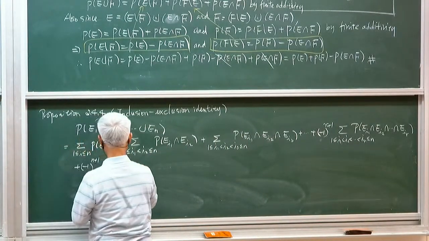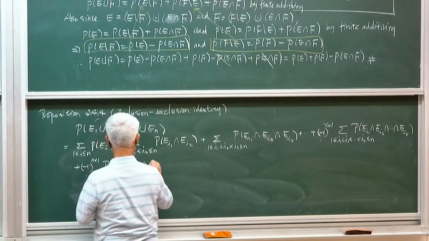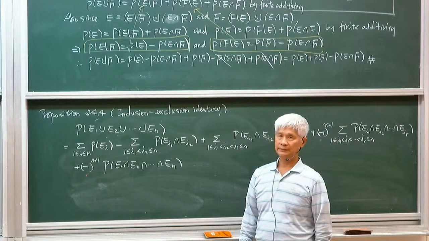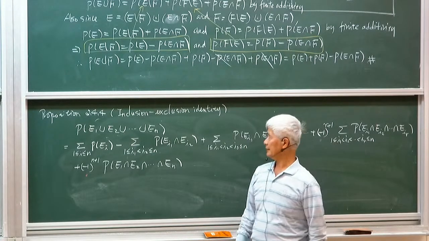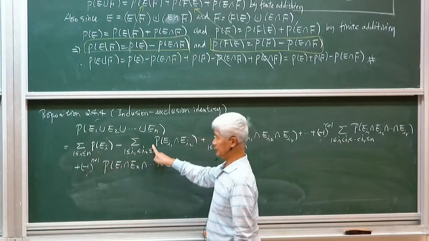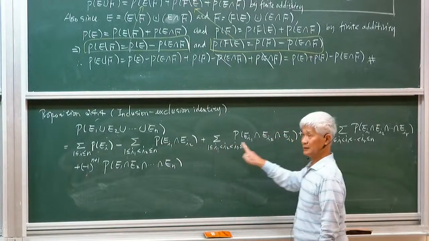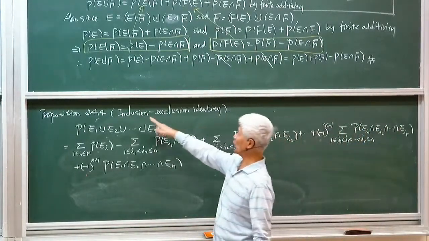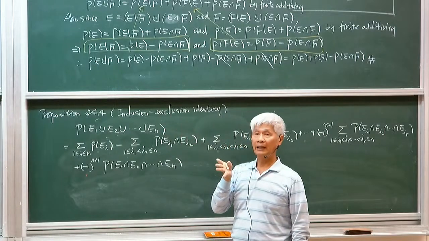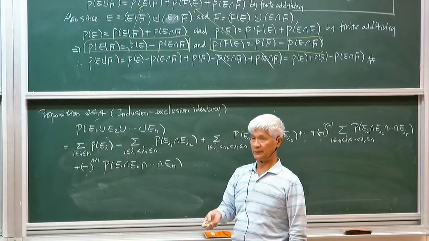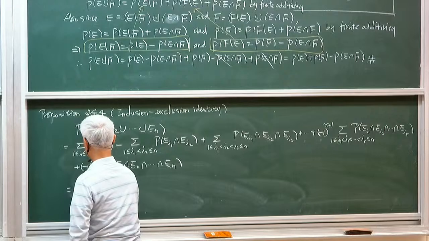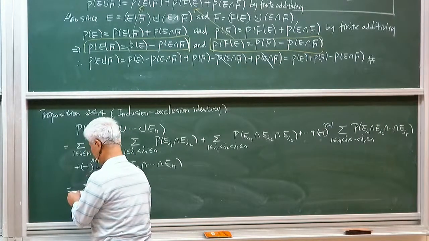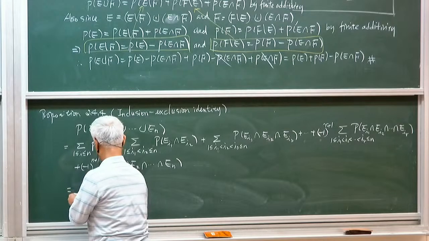There is only one possibility for the intersection of the n events. So inclusion, exclusion, inclusion, exclusion, alternately. That's why it's called the inclusion-exclusion identity, or principle. And we put it in a summation.